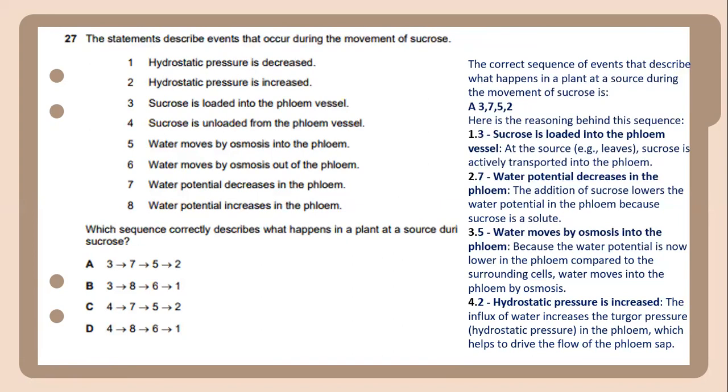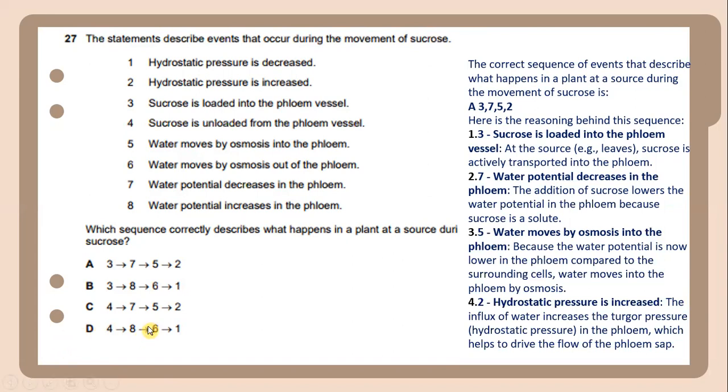Water potential decreases in the phloem. The addition of sucrose lowers the water potential in the phloem because sucrose is a solute. And the water moves by osmosis into the phloem because the water potential is now lower in the phloem compared to the surrounding cells.